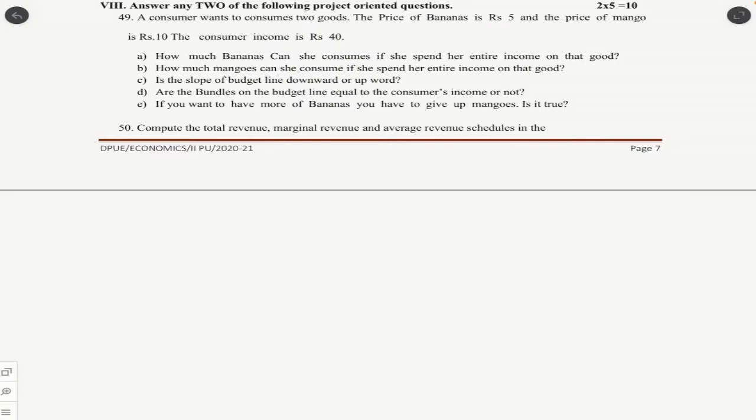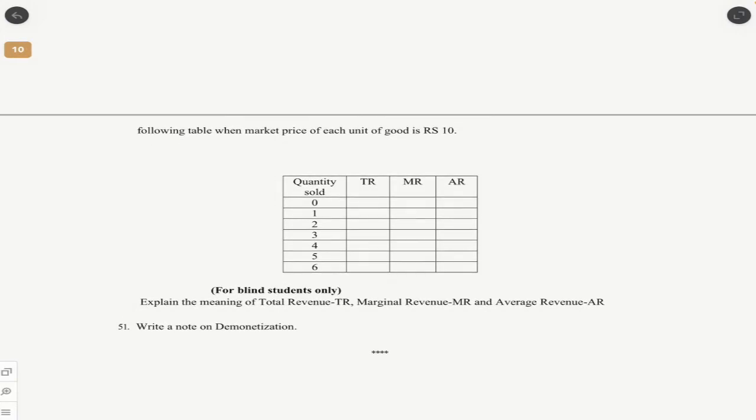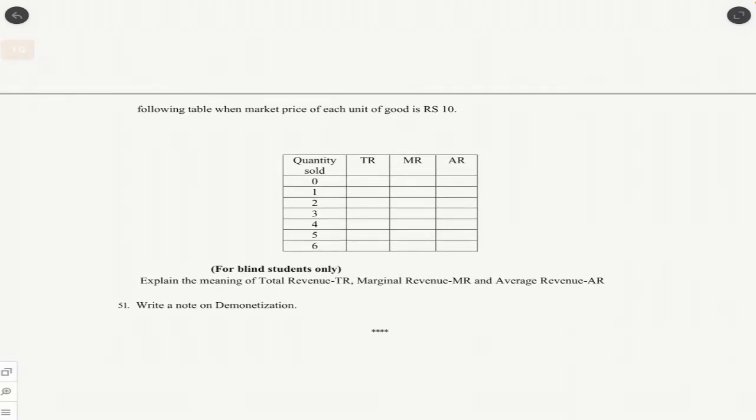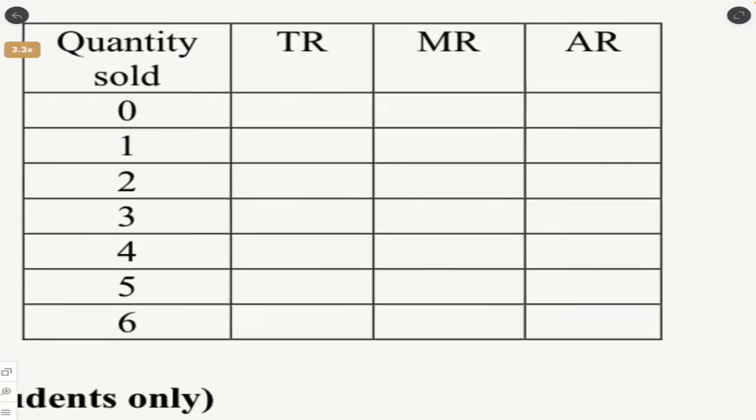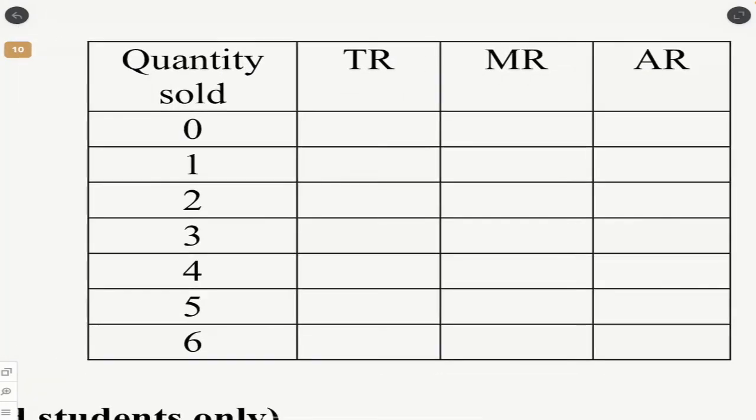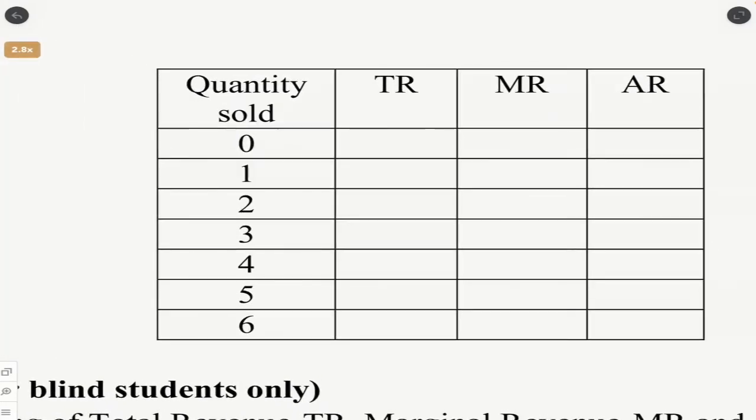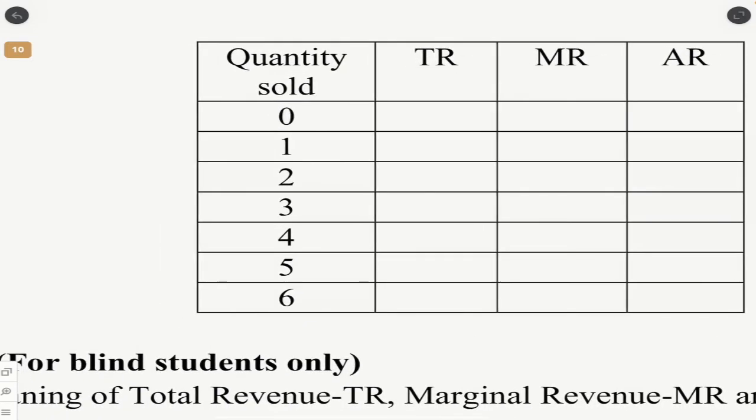Right, let us solve question number 50 of part E, and it says to compute the total revenue, marginal revenue and average revenue in the schedule that is given below, and it is also told to us that the unit price of each unit is rupees 10. So we just have to fill up this table, and if we do that, we will get 5 marks. So what should we do?